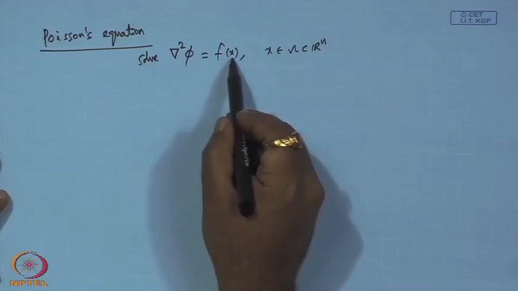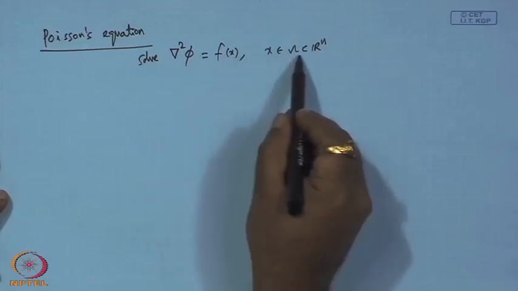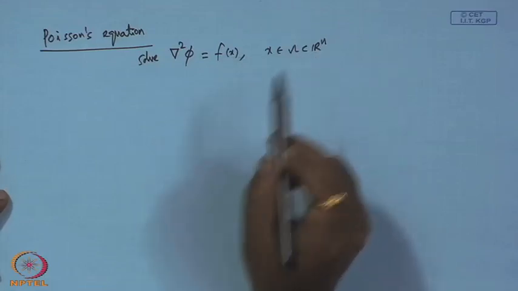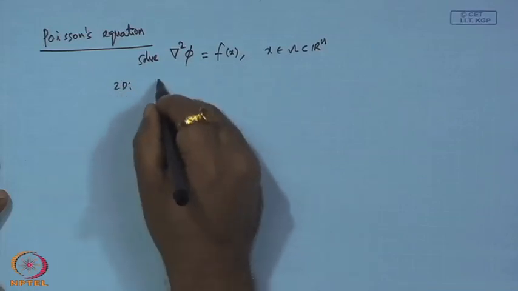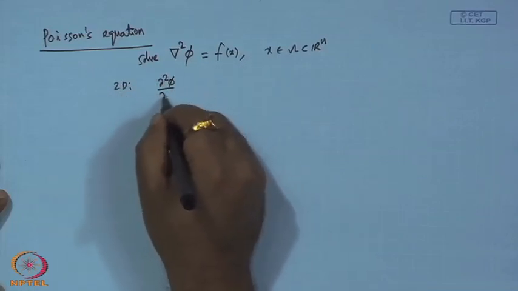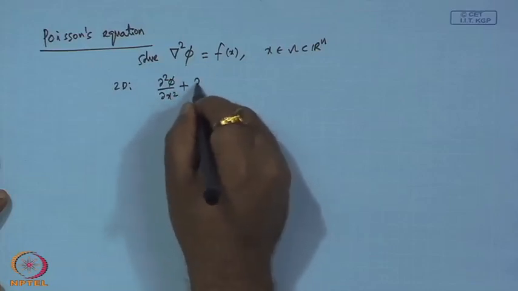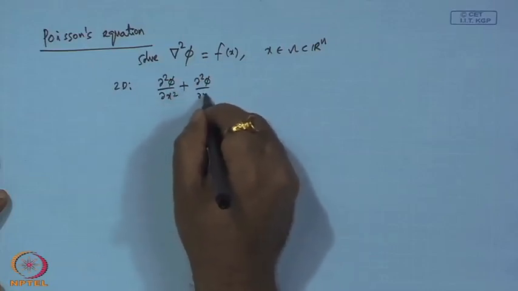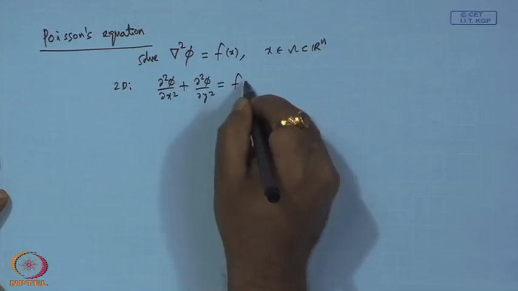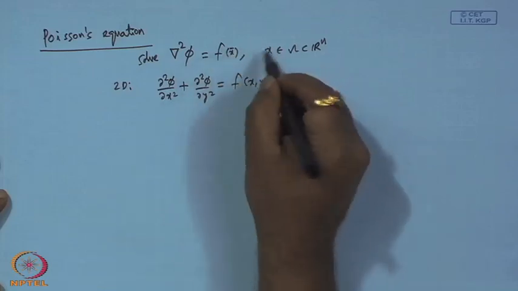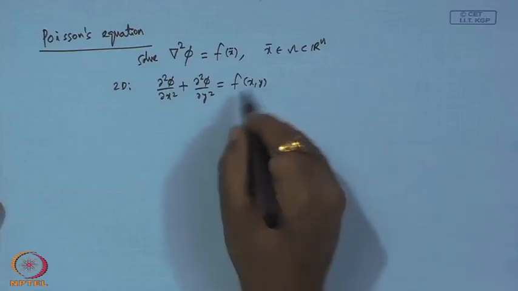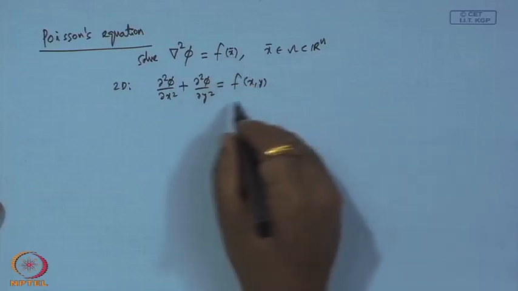So, x can be any point in a set in R n. So, this is more general. So, for example, 2D. So, when I say x, if you want you can put some bar, okay, to distinguish. Okay.